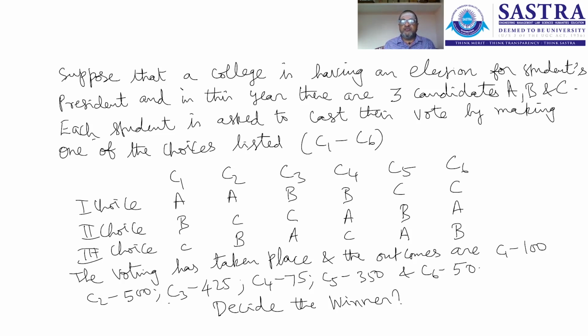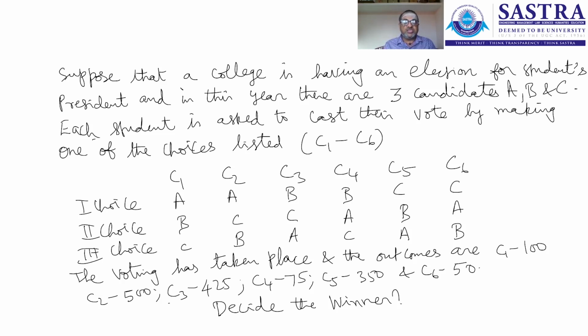And C5 and C6 put together gives you 400. So when I count the votes based on the first choice, I get 600 for A, 500 for B and 400 for C. Naturally, I decide that A is the winner.